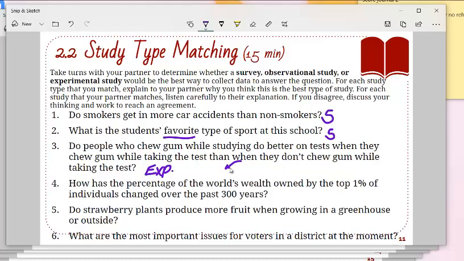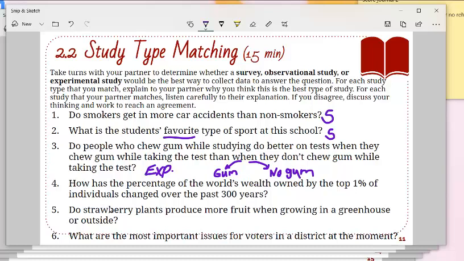One group lets them chew gum while they take a test, and a second group says no gum. And I could look at their test results and make that comparison. So this is very much something I could set up an experiment for, where I've got 2 groups that are distinct and I can compare the results of each group.